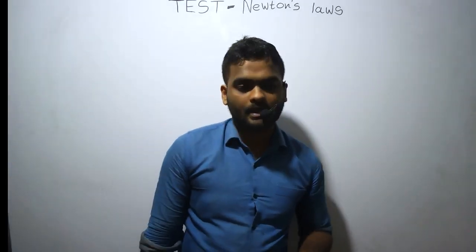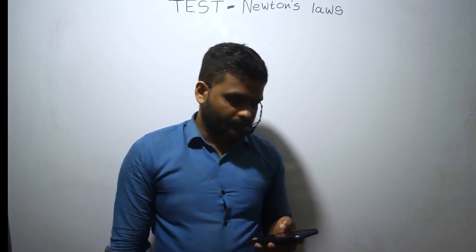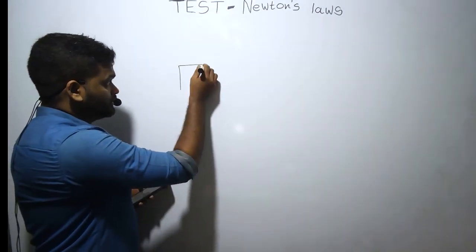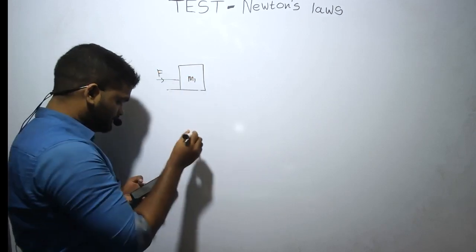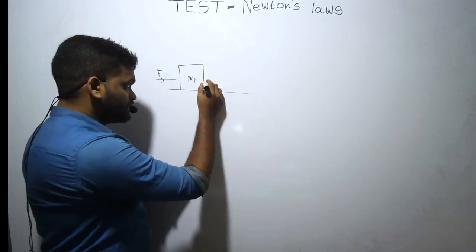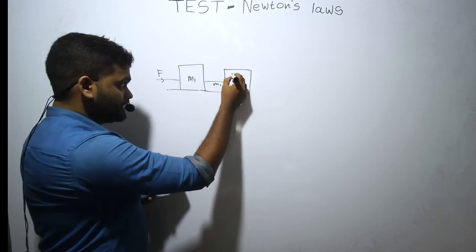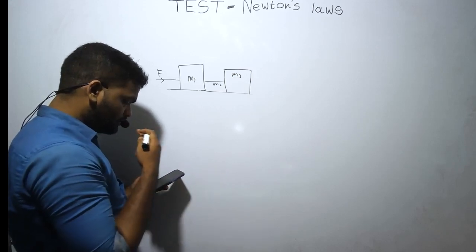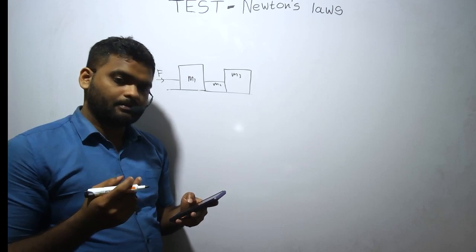Right. 11th question. When horizontal force F is applied on M1, there's M2 and there's M3. The normal reaction force between M1 and M2 is, the plane is smooth.